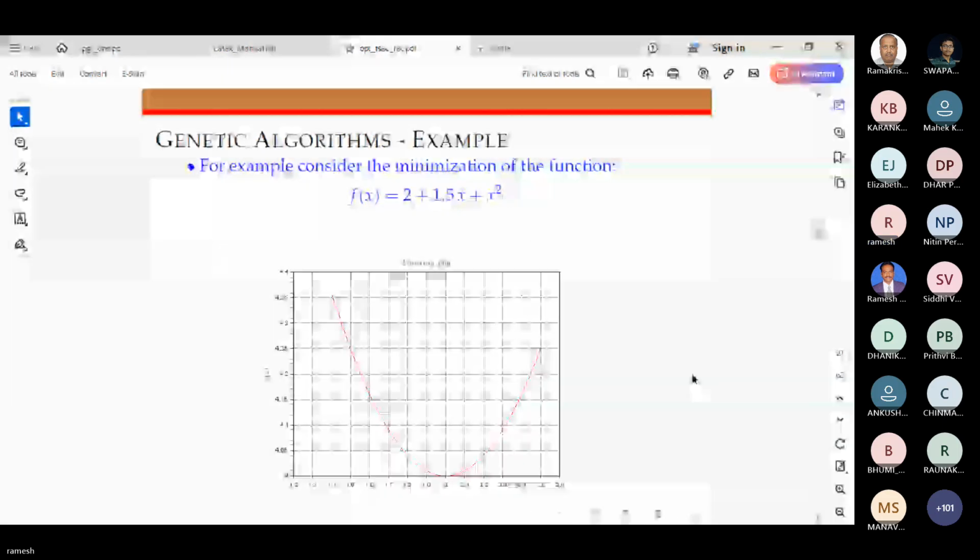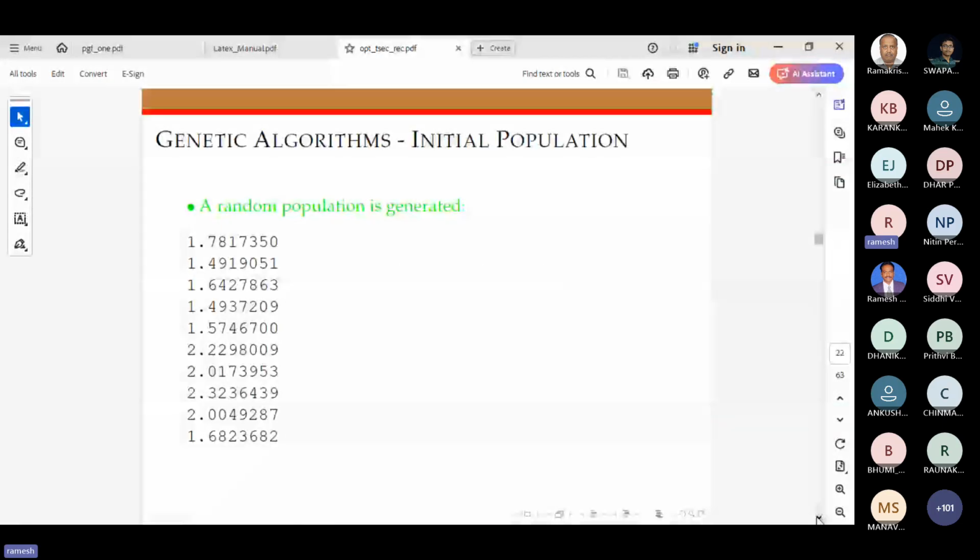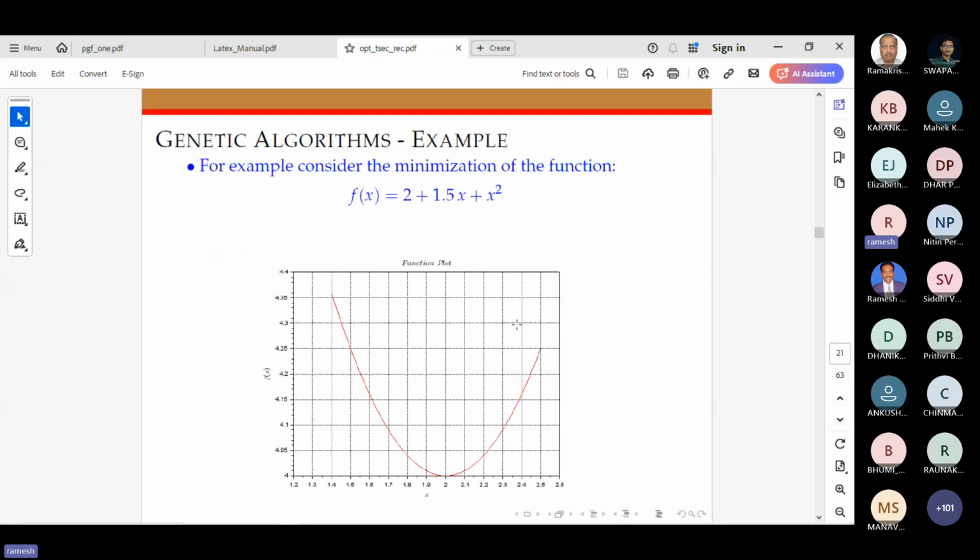Now we'll first select a set of random points. Because we have seen that our graph has a minimum at the value of 2, we can take the lower limit and upper limit as 1.4 and 2.4.